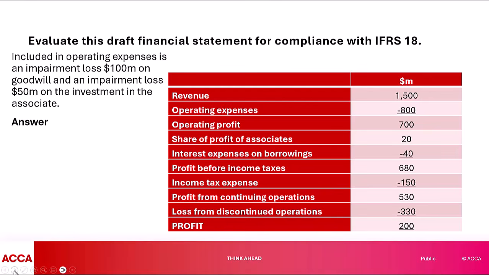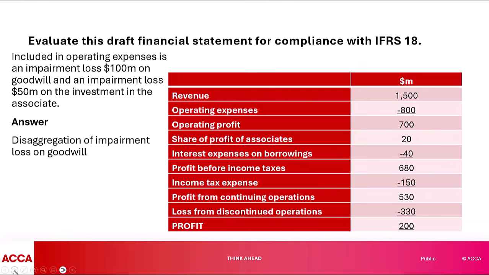I think they should be 700. Other operating expenses 700, and then impairment loss 100. That would be a better presentation. So one issue is, I think, although the impairment loss is correctly categorized, it needs to be disaggregated. Secondly, you were told that operating expenses include an impairment loss of 50 on the investment in the associate.